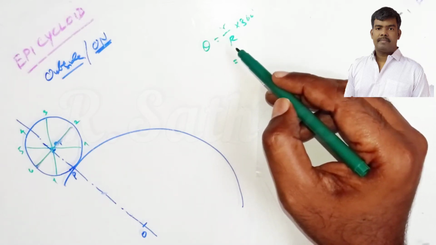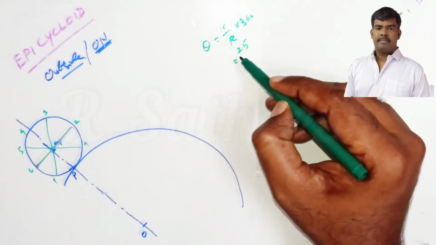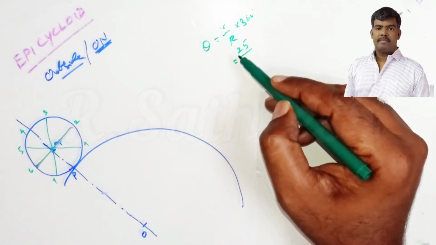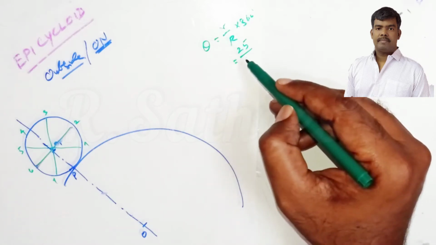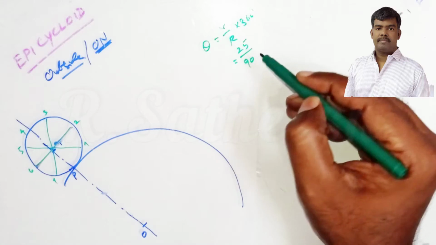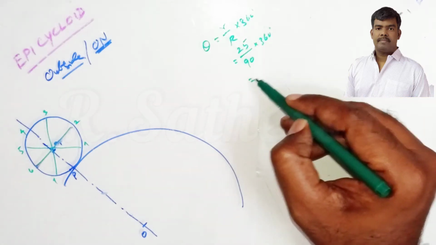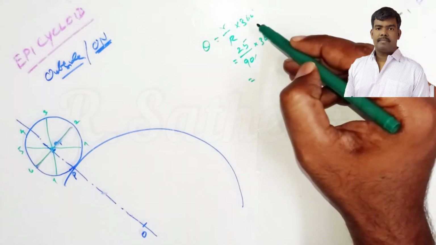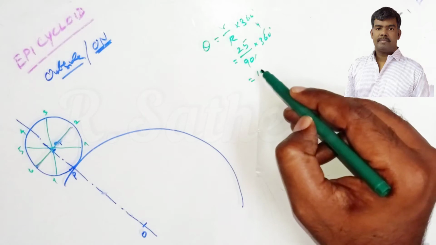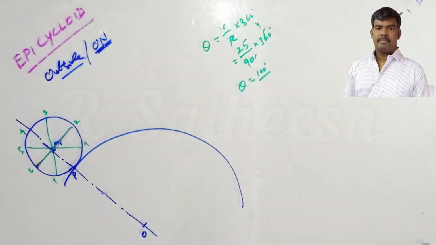The rolling wheel diameter in this problem is 50, therefore radius 25. And the next one is the directing wheel, 180 diameter, therefore radius is 90, into 360. Clear? Therefore how much angle do we get? So this is 4 times, so 100 degrees. Clear? The theta is 100 degrees.